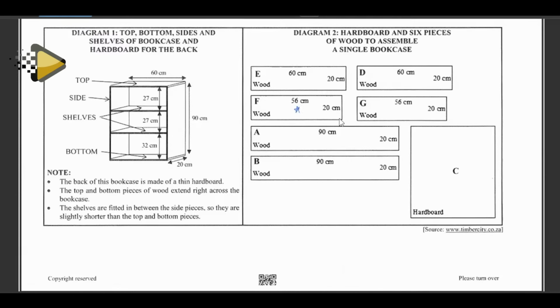When you come here, they say the shelves are fitted in between the sides, so they are slightly shorter than the top and the bottom piece. So slightly short, this is 60, this is 56. One of these is the top and the other is the bottom, making this shelf shorter than that.